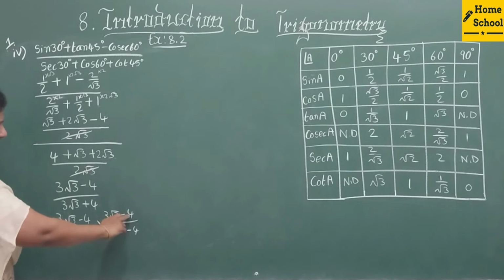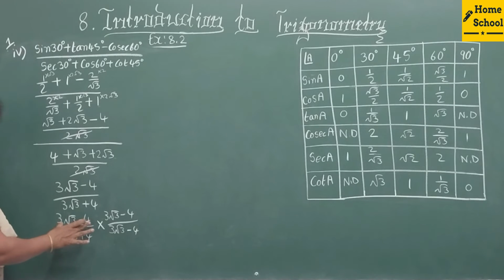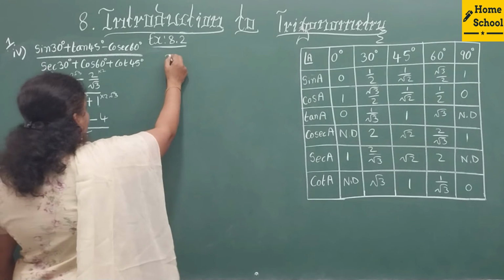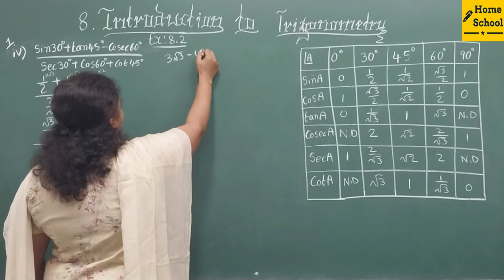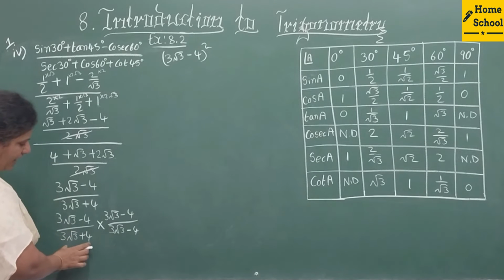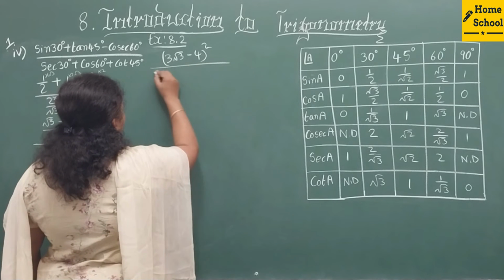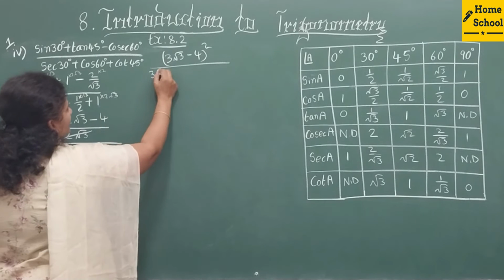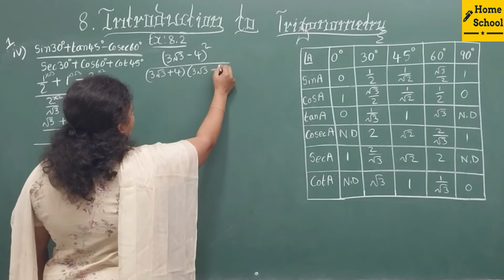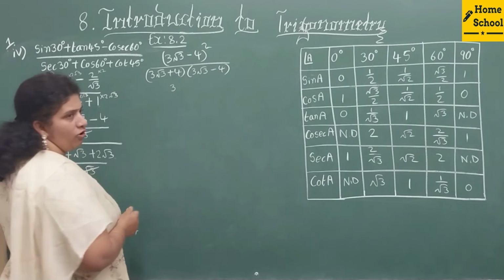Now multiply the numerators separately and the denominators separately. Observe here, the same set you can see: A minus B, A minus B. Can I write this as A minus B whole square? Yes, I can write. So the denominator is in the format A plus B into A minus B. If you want, one time you can write it as it is: 3 root 3 plus 4 into 3 root 3 minus 4. Next step, 3 root 3 minus 4 whole square.